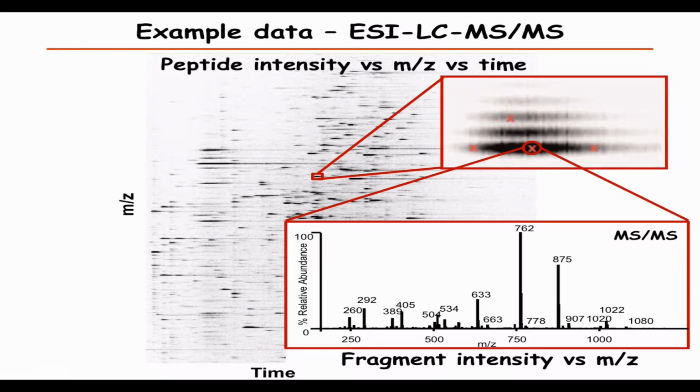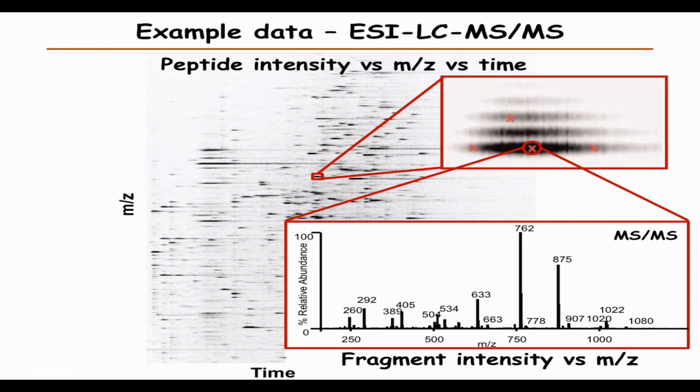But usually one would take the most intense peak, isolate it, and fragment it, and then the next one, and so on. Typically one would do one survey scan and then fragment each of the 10 most intense ions. It's done fast, so the algorithm is not very precise.